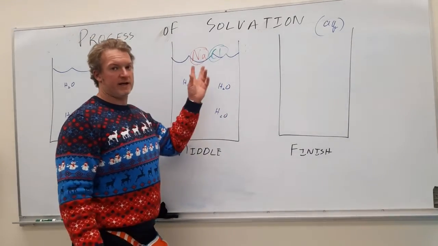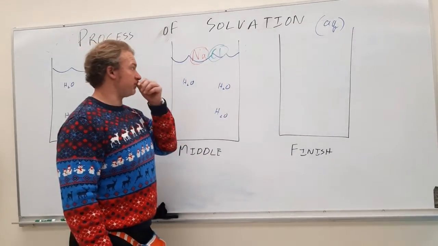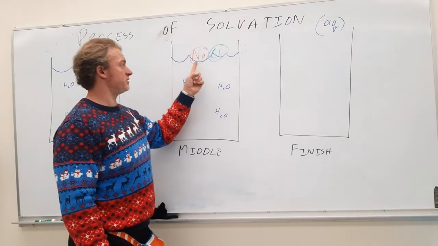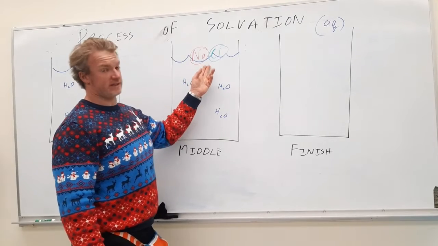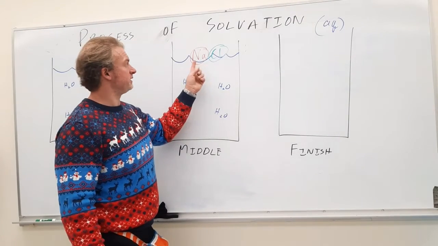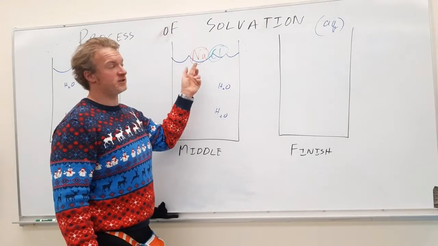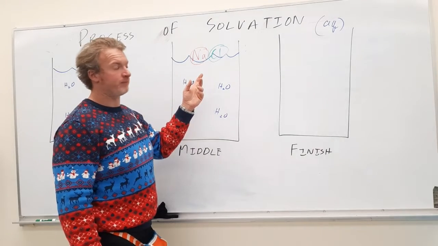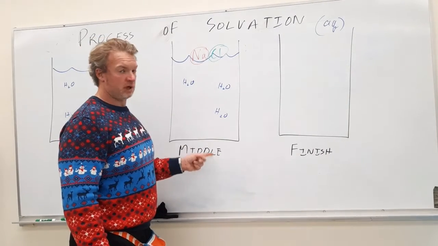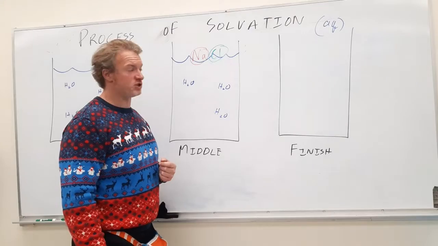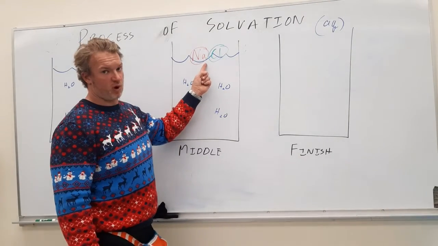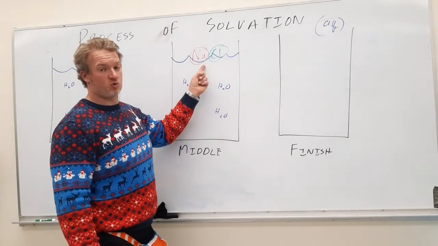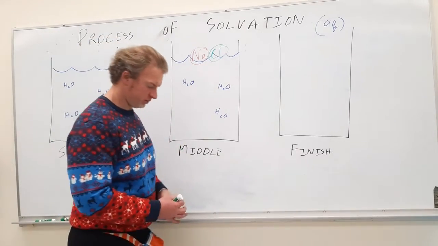The formula NaCl is written up here for table salt, and the individual ions, sodium and chlorine, are written here. Now they are together in an ionic compound and at the surface interface of the water. In the middle of the process of solvation, as these ions come in contact with the water, they begin to be surrounded by water molecules.